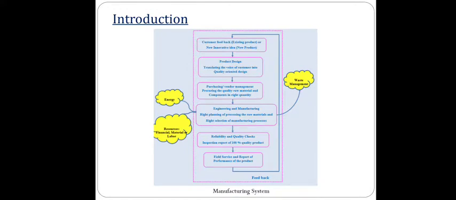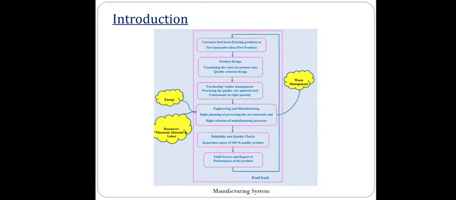So in a simple way, first of all, the idea is generated, and this idea is converted into product design. After getting the product design, the quality of raw material and components in right quantity is arranged. Now this raw material is converted into the finished product in the manufacturing department, where we get a lot of financial activity, materials, labor, waste management techniques, energy.